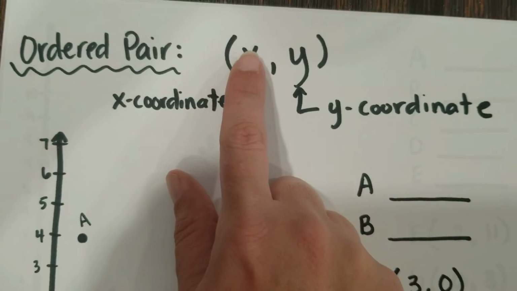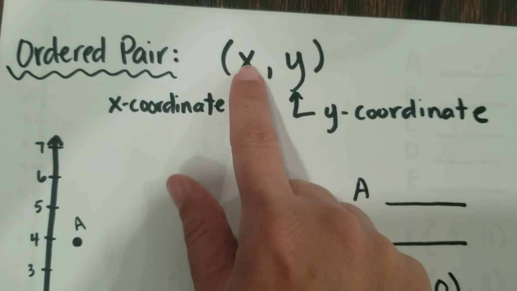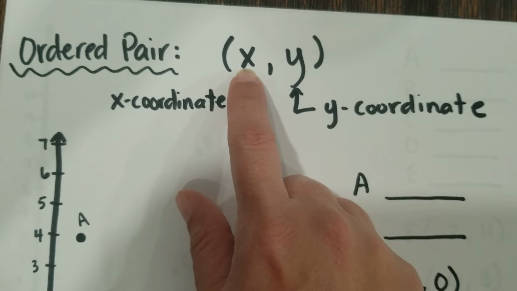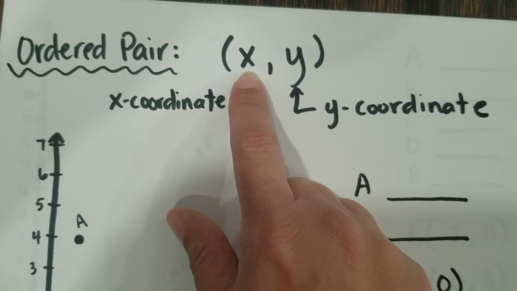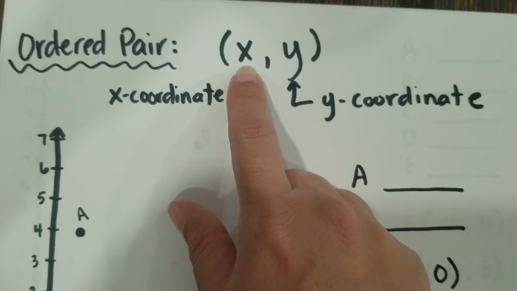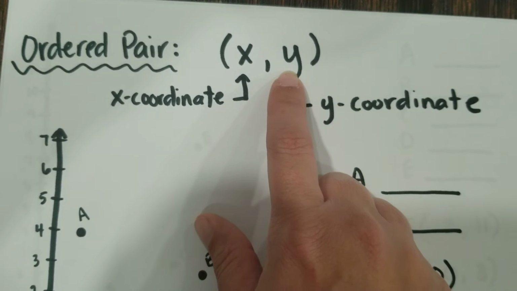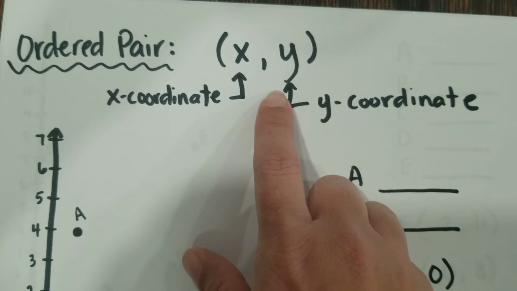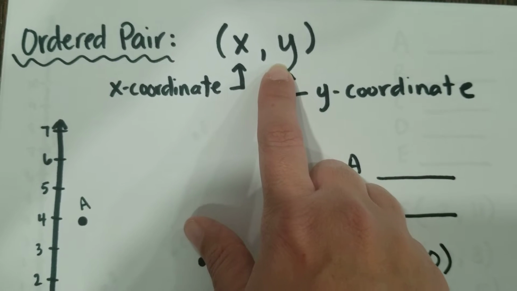It's called a pair because there are 2 numbers involved. The first number, always written first, is the x-coordinate, and that's the one describing where it is on the x-axis. And then the other number in our ordered pair is the y-coordinate, and that's the number that describes where it is according to our y-axis.